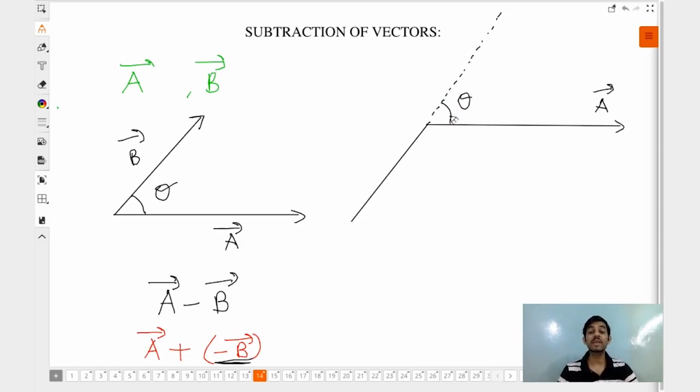But अब हमें B vector से मतलब ही नहीं है. We are interested in minus of B vector. So minus of B vector will be in the opposite direction and the angle between the two will be pi minus theta. Okay. So guys, for simplification, let's assume minus B vector as C vector.